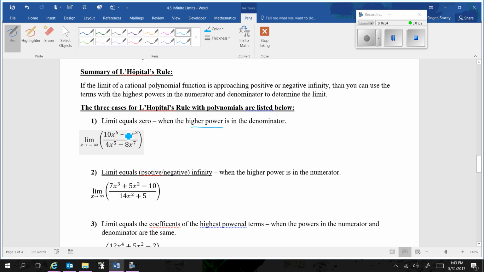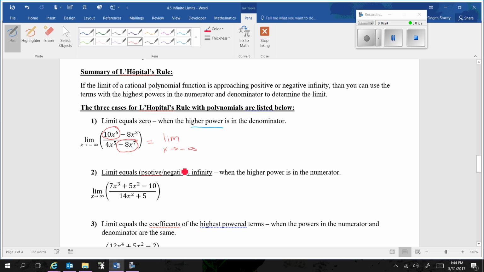So if I'm looking at the ones with the highest power in my numerator and my denominator, that would be 10x to the 6th in my numerator and negative 8x to the 7th in my denominator. So those are the two I want to focus on. So when I take the limit, I can just focus on those two.